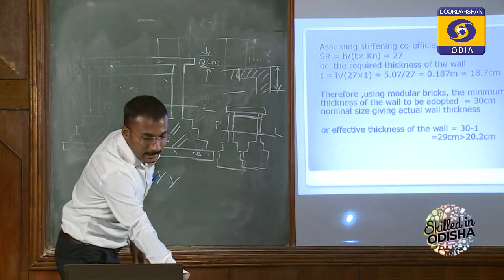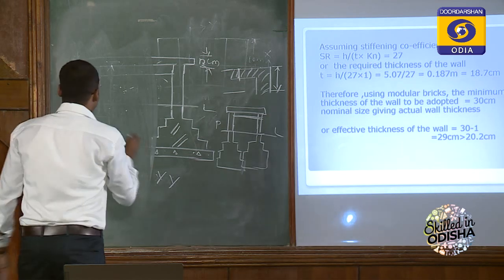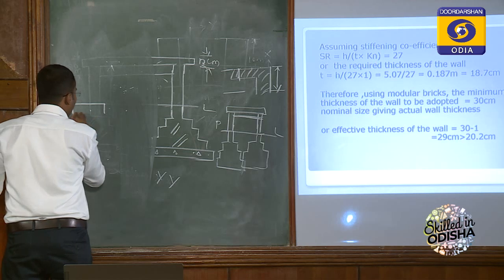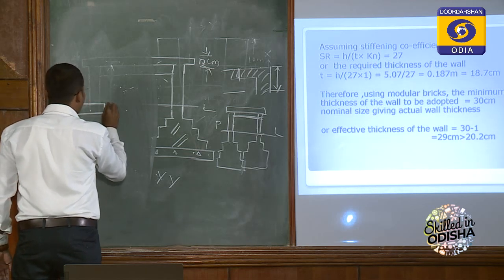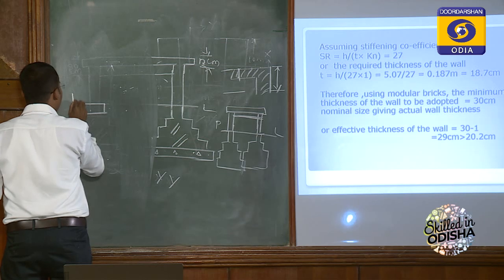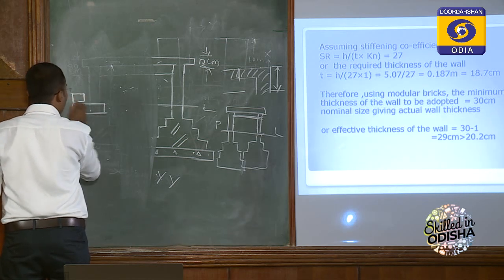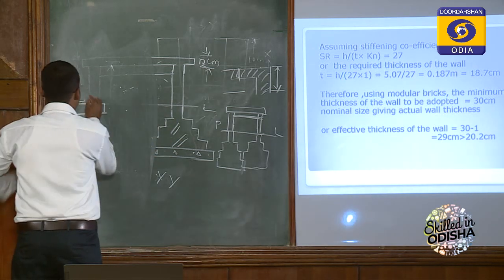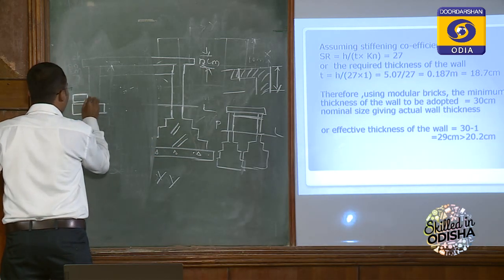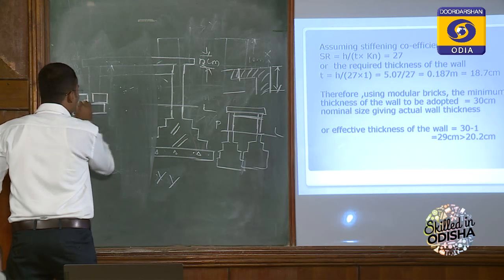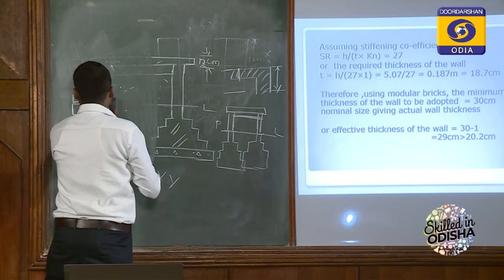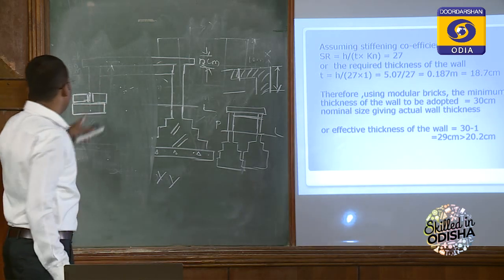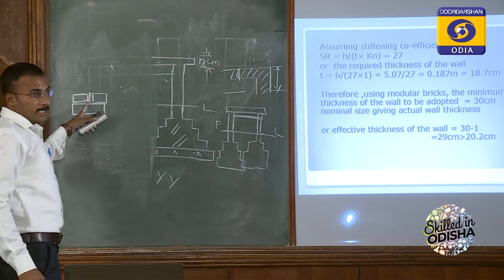In most cases in masonry construction we use English bond. So in this English bond of bricks, the bricks are laid like this. There is a gap. This gap of 1 centimeter is kept for the mortar joints.